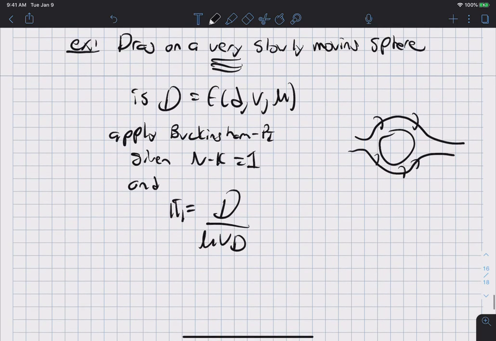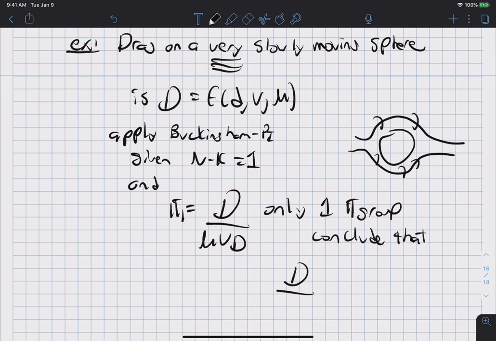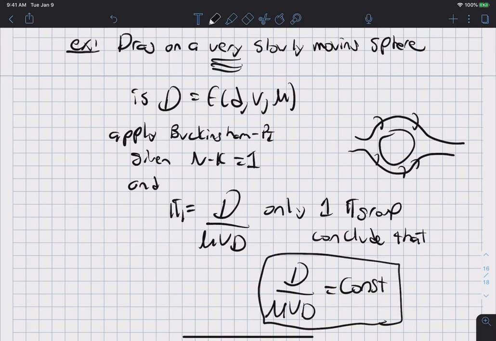Because there is only one pi group, we can conclude that the drag force over mu v d is equal to a constant. You would need to set up the experiment to measure that constant, and that would work for a lot of different scenarios.